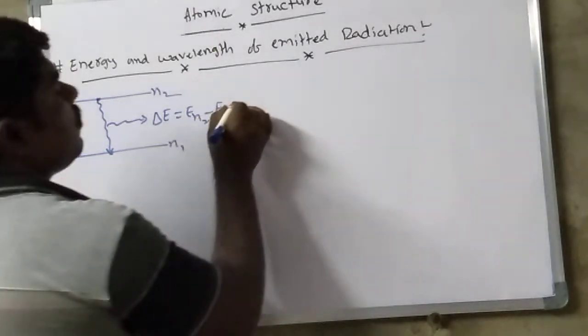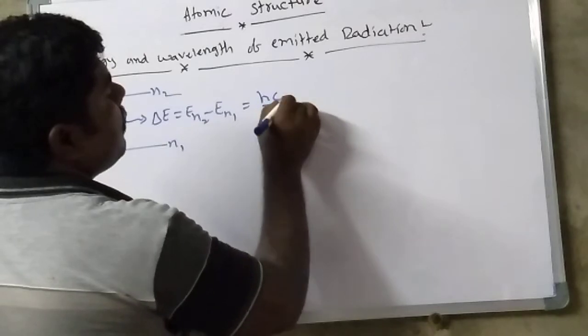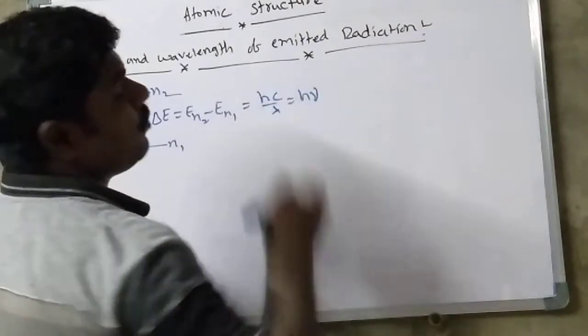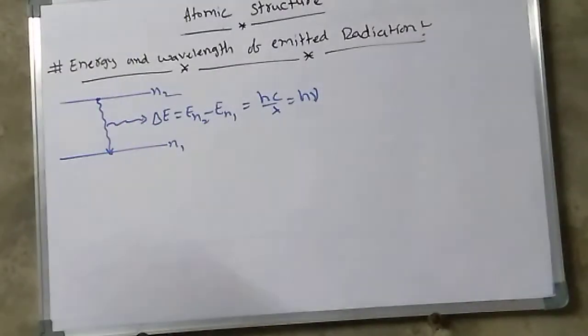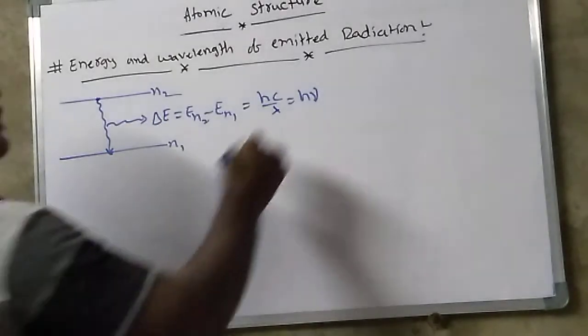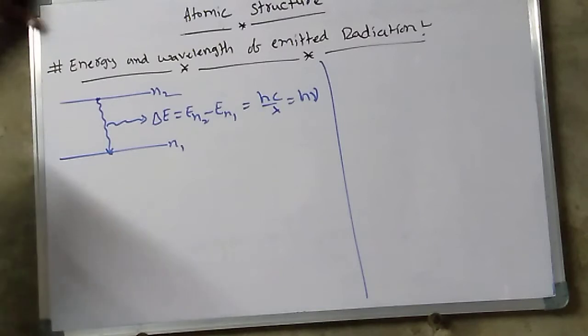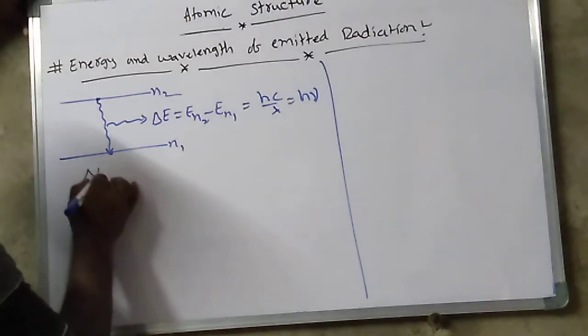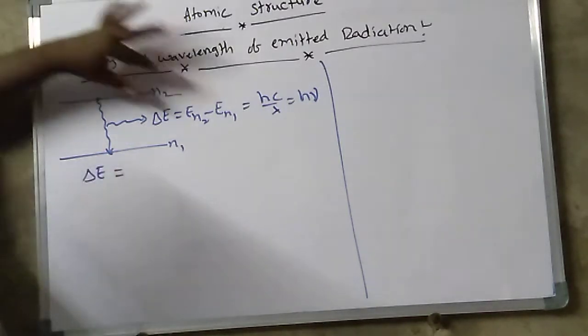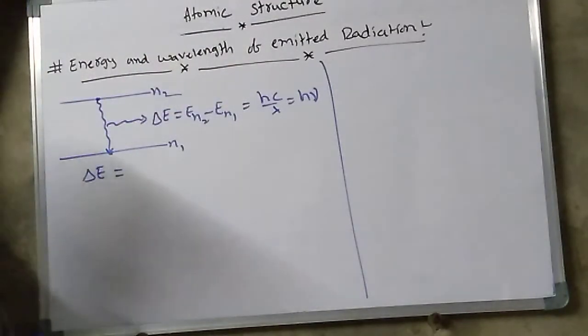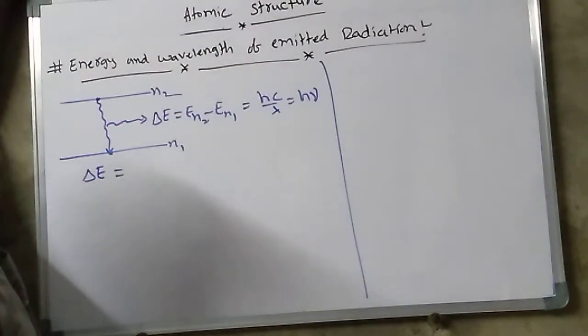That should be equal to hc by lambda, which is equal to h into nu. We already know this from the previous cases. So the change in energy is equal to En2 minus En1.